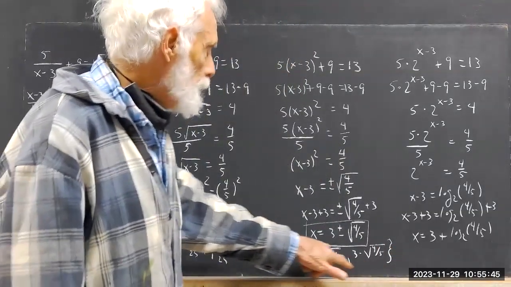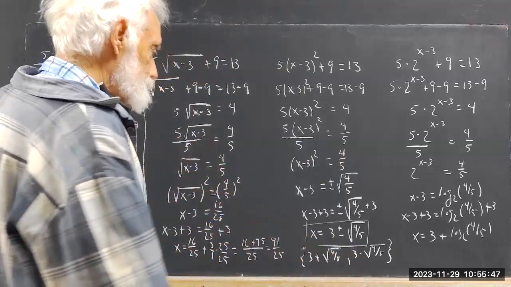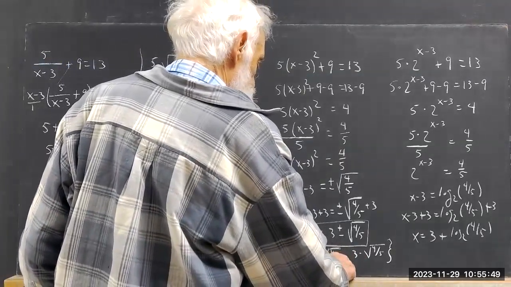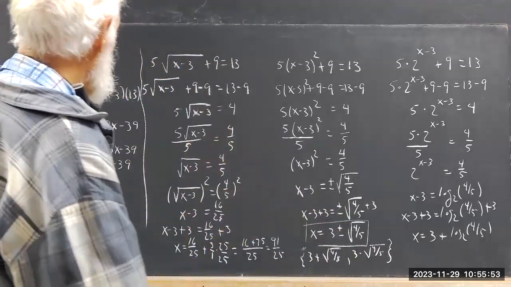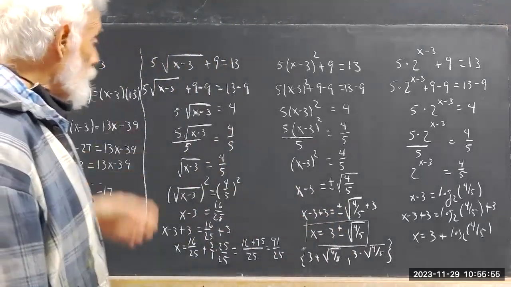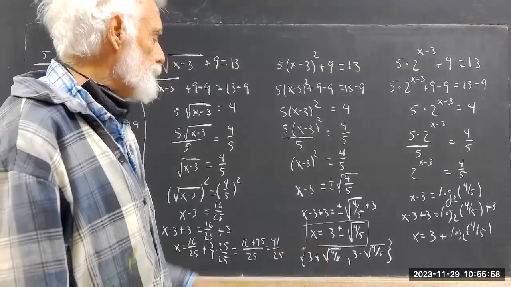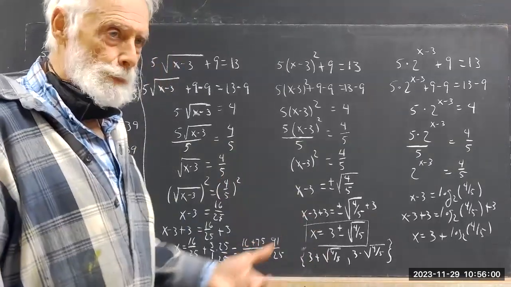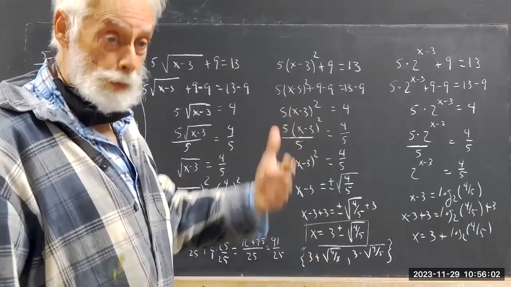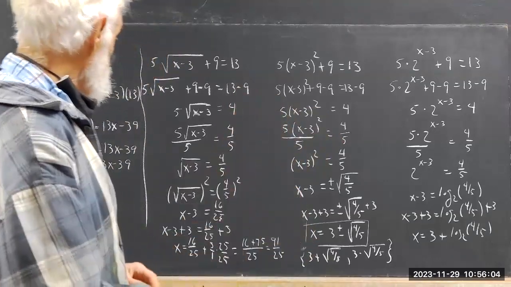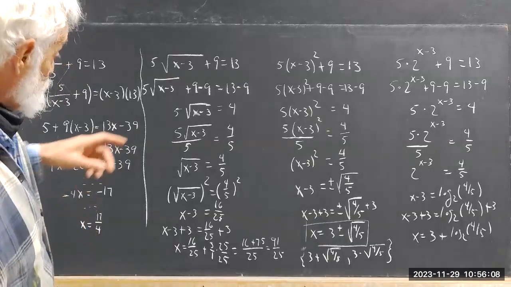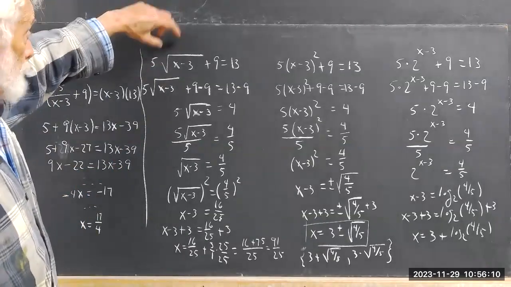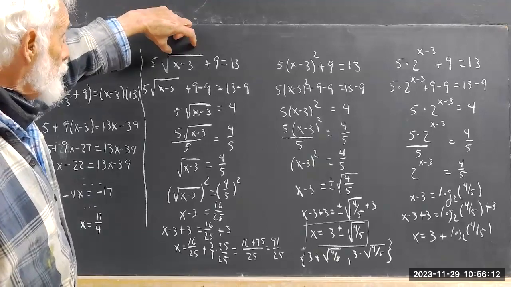We would generally present the solution as a set of 2 possible solutions to the equation. Okay, and of course, the square root of 4/5 could be simplified to 2 over the square root of 5, and you might make sure that you know how to do that.